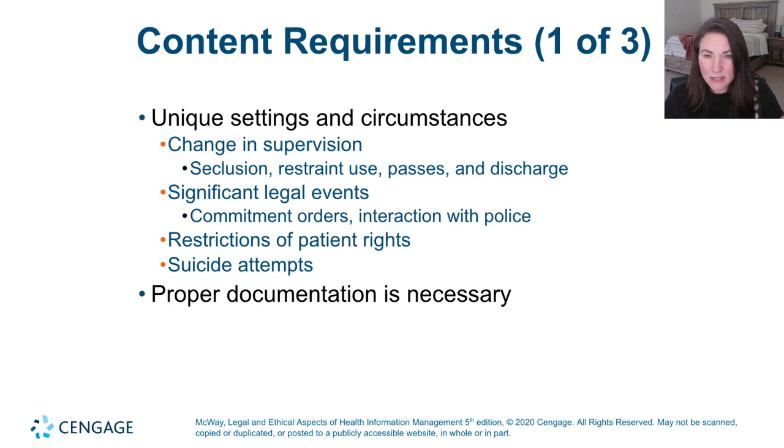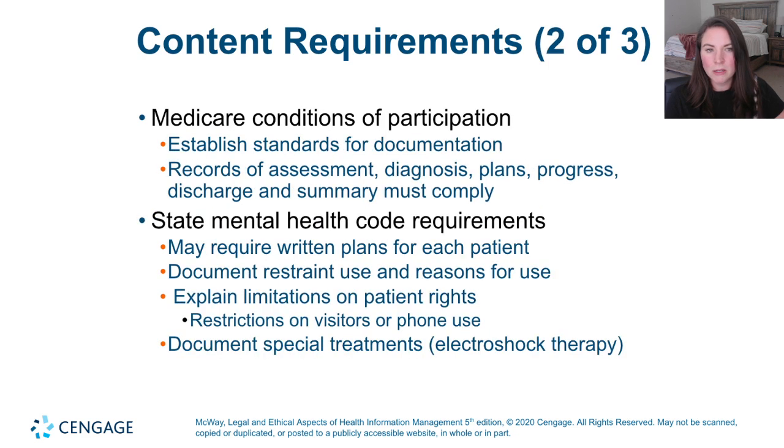Significant legal events, so commitment orders, like if someone's committed against their will, or if there's an interaction with the police, and then suicide attempts. All of these types of situations have to be properly documented in the health record, but this is not in a typical health record. Okay, so there's going to be some differences in how you handle that information.